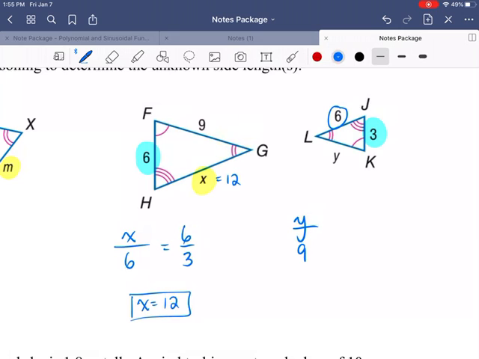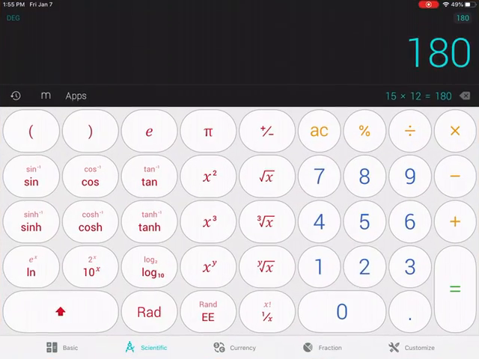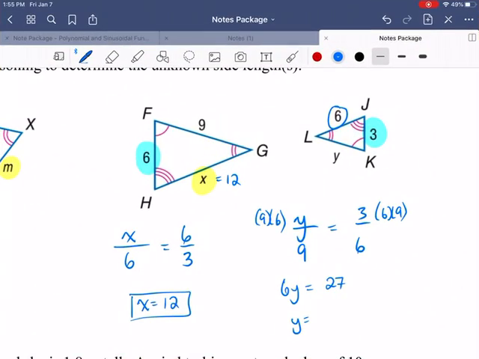So y over 9 is equal to 3 over 6. And if you multiply each side by the denominators, you're going to get 6y is equal to 27. Therefore, y is equal to 27 divided by 6, which is 4.5.